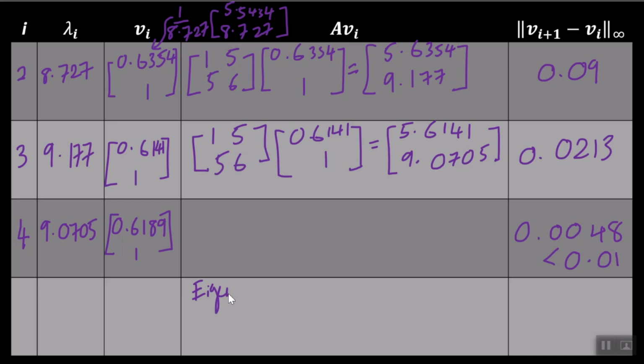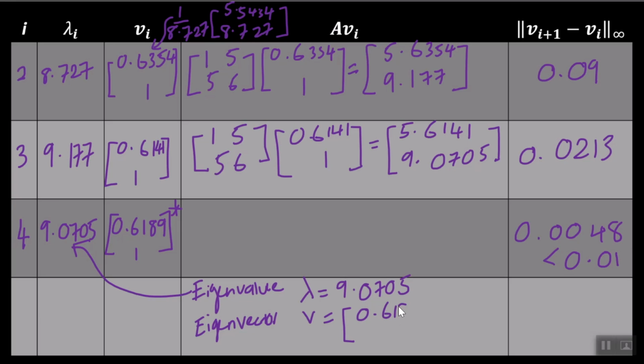So our eigenvalue would be lambda here. Lambda equals 9.0705, and our eigenvector V would be this one here, 0.61891.